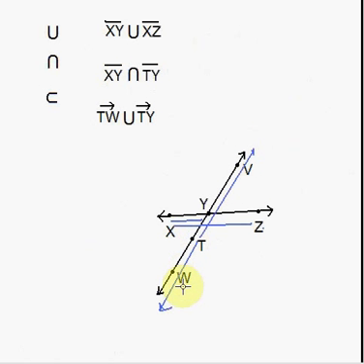So what is the union of that? Since this is the end point here for this ray, and this is the end point here for this ray, this whole thing would just be a line. You could call this line VY, you could call it line VT, you could call it line YT or YW, or any points that are on this line, you can call it that line.